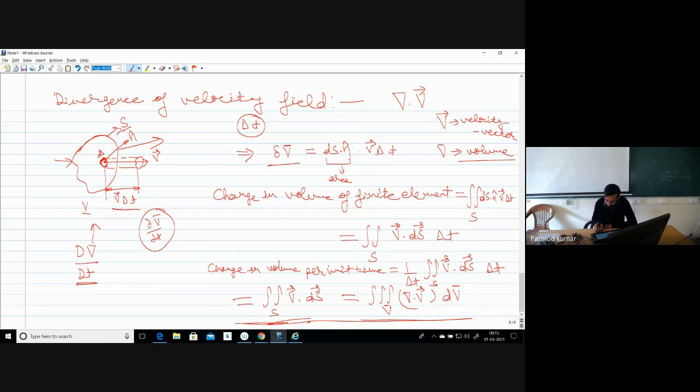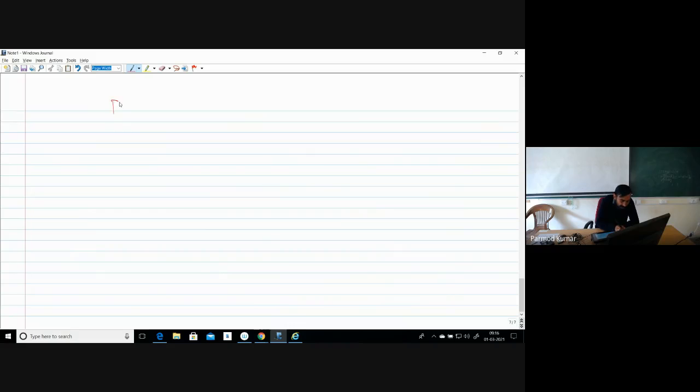So whatever I have obtained here is equal to the substantial derivative of v̄. Let me equate this. I can write Dv̄/Dt as equal to the volume integral of the divergence of the V vector dv. While writing v, I am writing the bar over here.